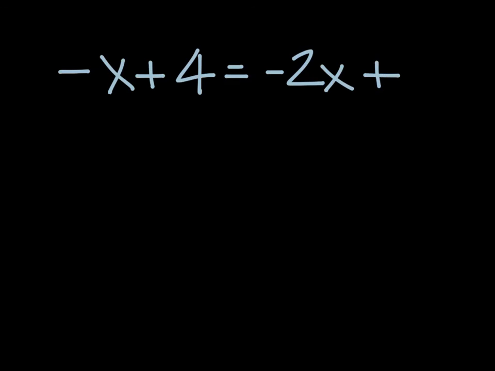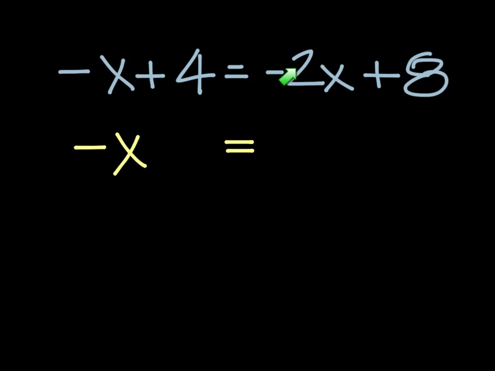Try this one. You'll notice here on the left-hand side that this negative x stays where it's at. It does not move. So put that down. But this must go over there with it.